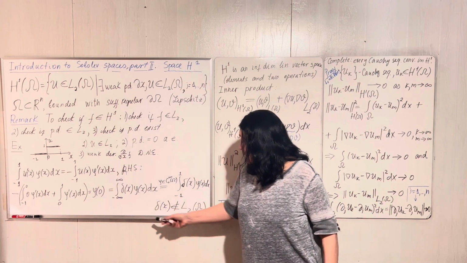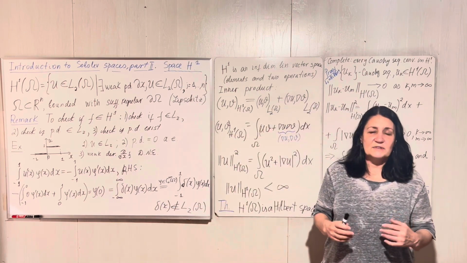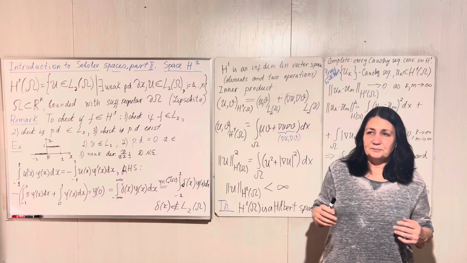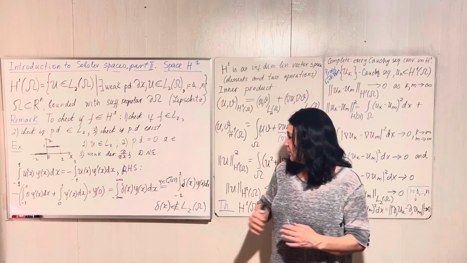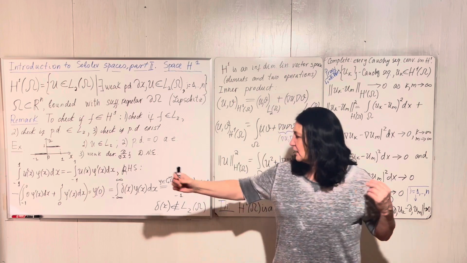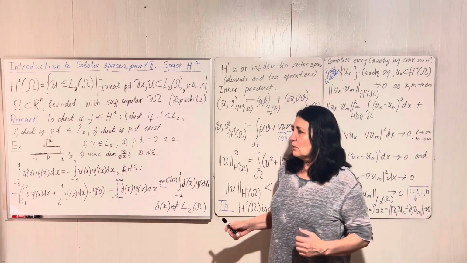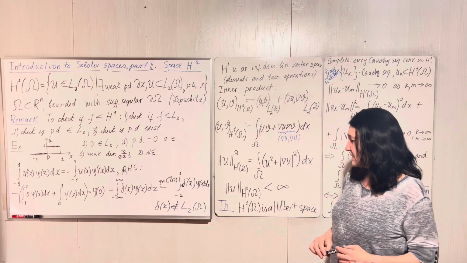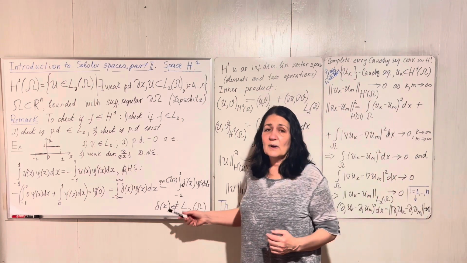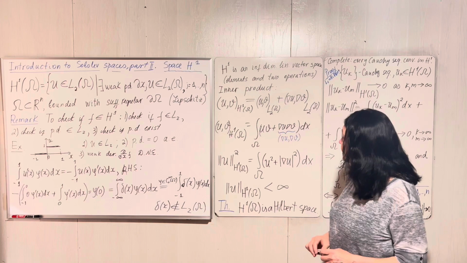But we know that the integral of the delta function over the real line is 1.